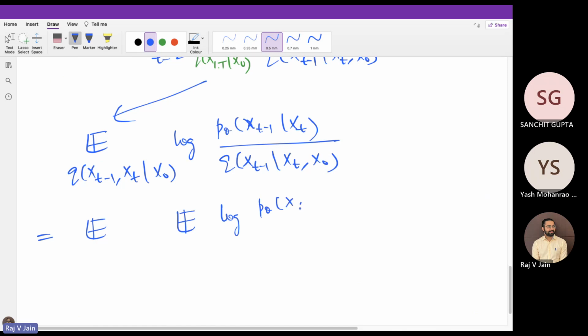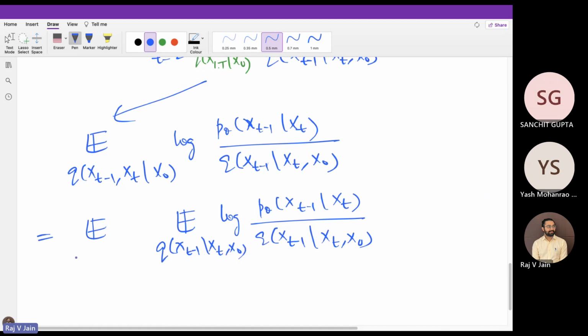If you can get it in the DKL term, right? Because that's where we're headed, since I have two distributions over xt minus 1. If you can get DKL, I can hopefully try to compute that, right? So basically I want a distribution. Basically this distribution we want, right? So then what will remain here?